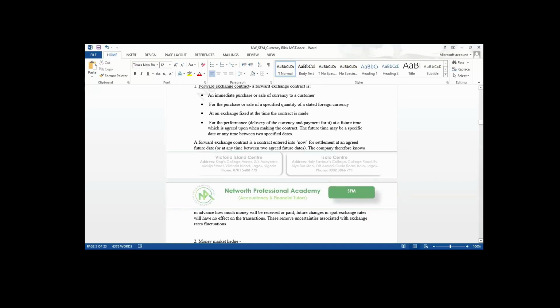You have been able to remove uncertainty associated with exchange rate fluctuations. And that is the purpose of hedging. The purpose of hedging is to remove uncertainty associated with exchange rate fluctuations. Please note that.